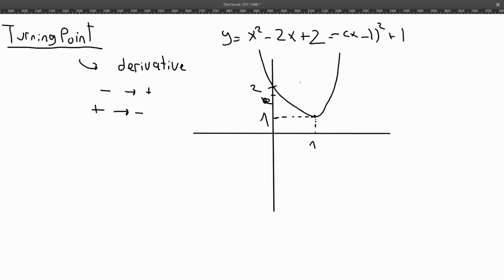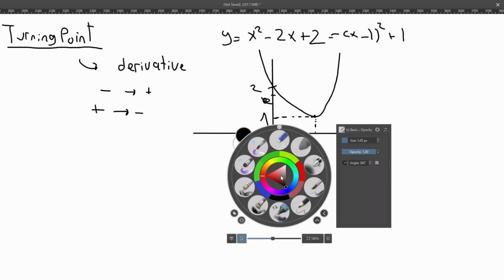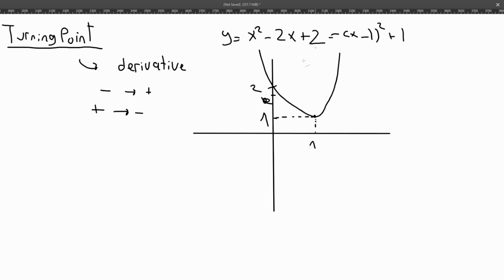So as you can see, if you calculate the derivative of our function, or I mean, we don't need to, you can see that the derivative here is negative because the slope of tangent lines is negative. And you can also say that the function is decreasing in this region. So below 1, before 1, the function is decreasing.